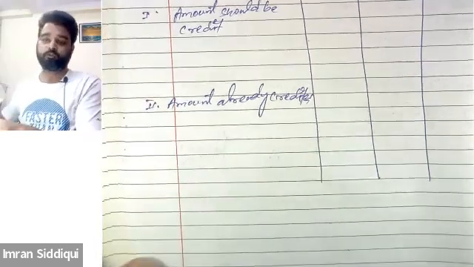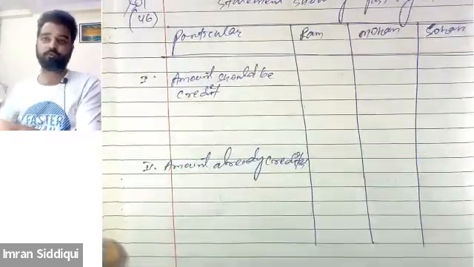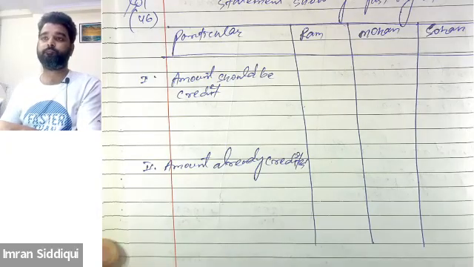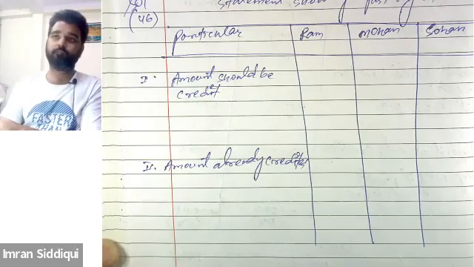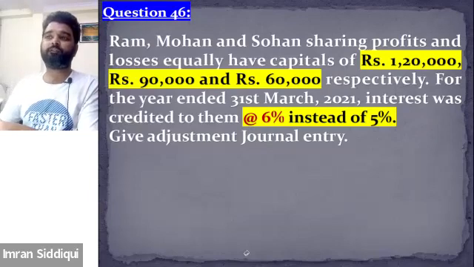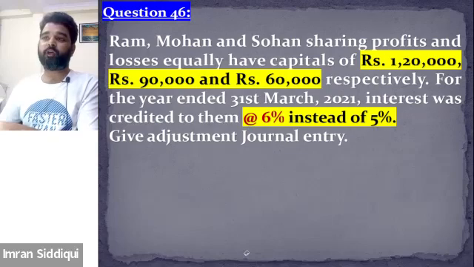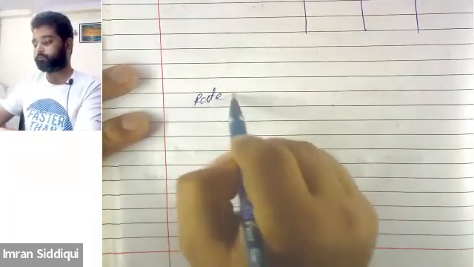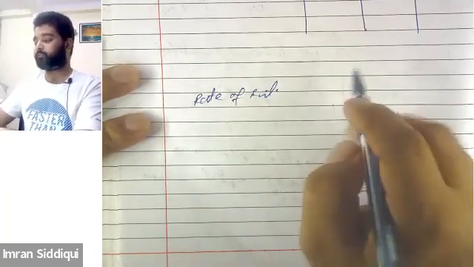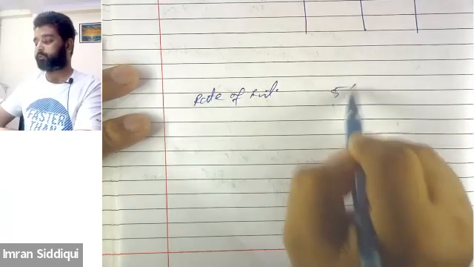Okay. So see, the question is saying that interest was credited at the rate of 6%. Actually, the rate of interest was only 5%. So see, actually the rate of interest that needed to be paid to the partner should be 5%.